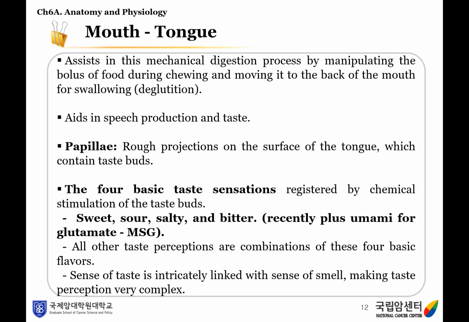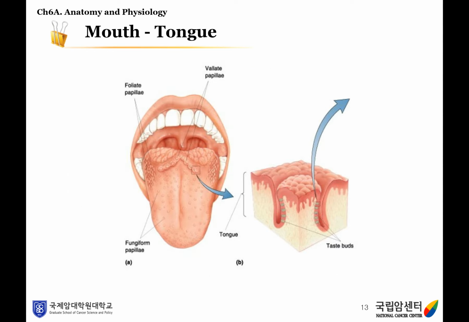And recently, umami was added for glutamate, MSG, monosodium glutamate. All other taste perceptions are combinations of these basic flavors. The sense of taste is intricately linked with the sense of smell, making taste perception very complex.